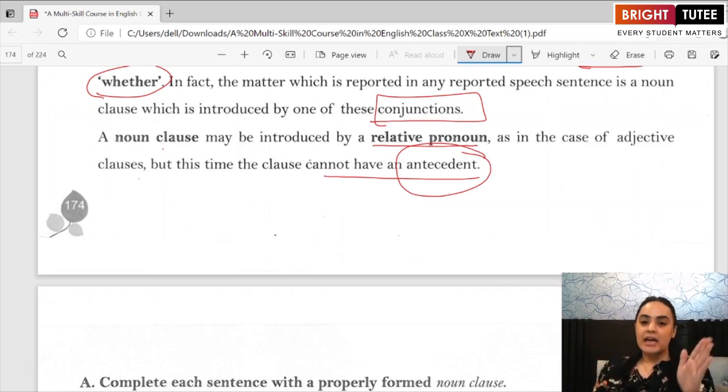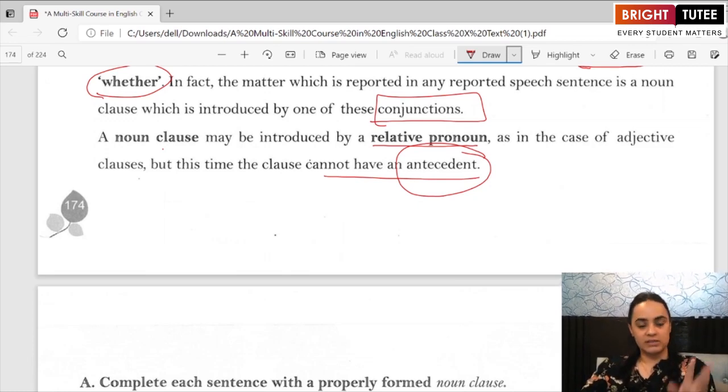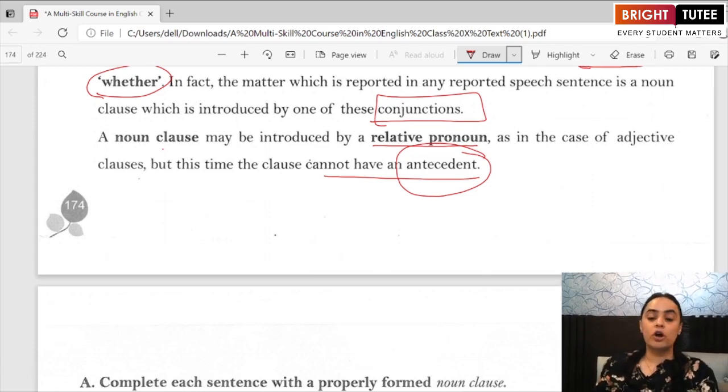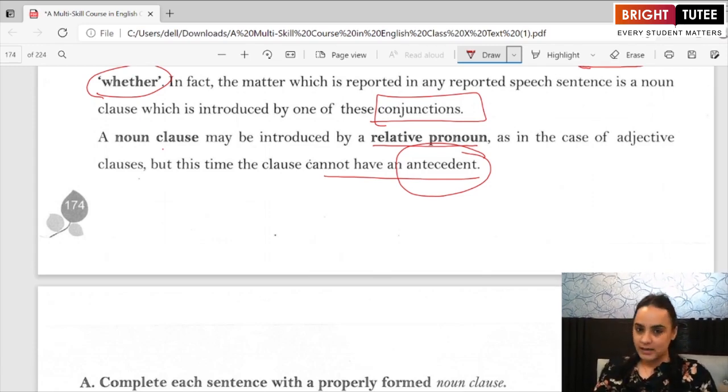Okay, right now what is important for you to know about noun clauses is, first, a noun clause has the same function as that of a noun, and in order to identify a noun in the sentence, we ask the question what. A noun can take the position of a subject, an object, or the complement of the preposition or of the non-finite verb as well.